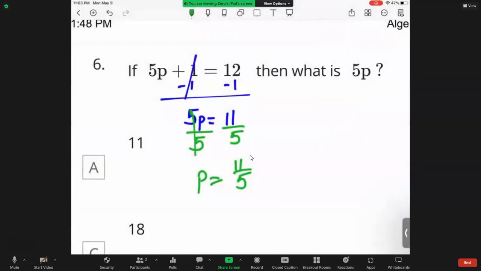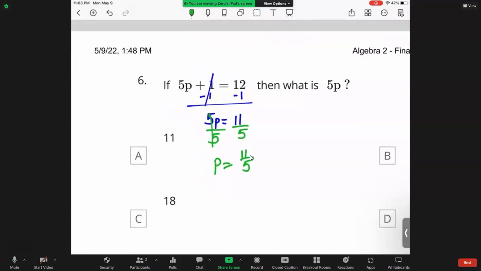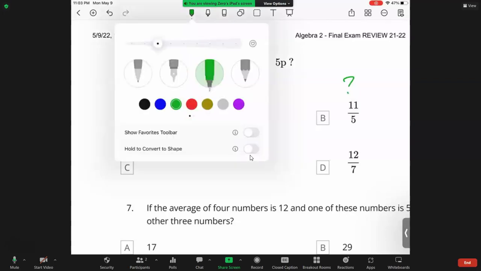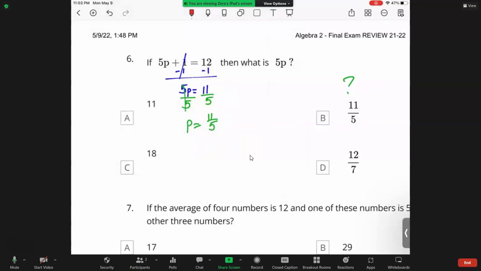Right, now that answer is there for us to get it wrong, to choose, right? But you're not supposed to do that. You're going to multiply 5 times p, because you want to know what is 5p. So you plug in that number for p right there. So 5 times 11 over 5. You put that in the calculator.